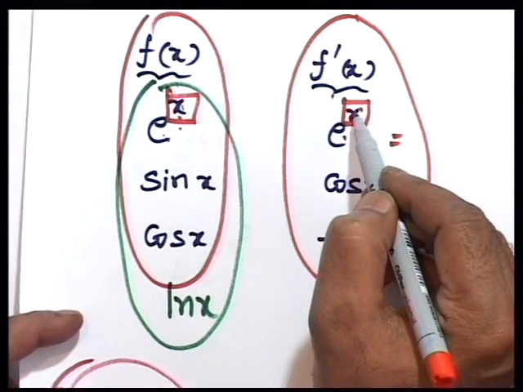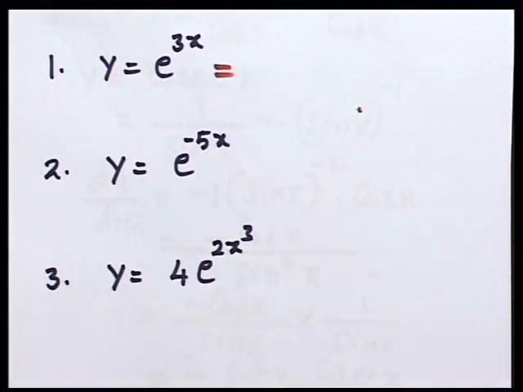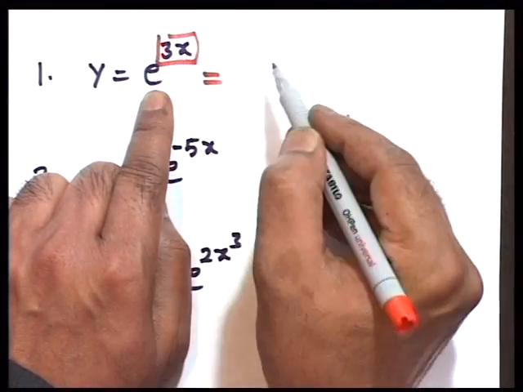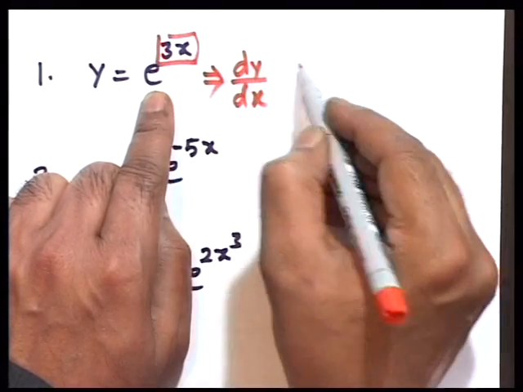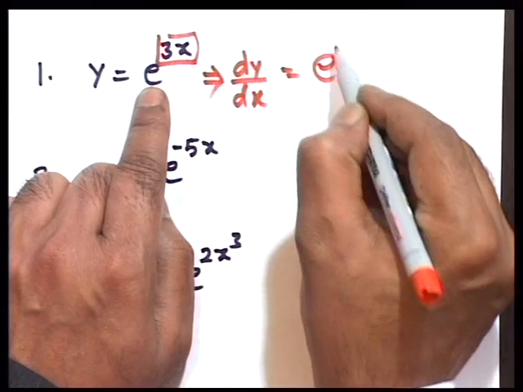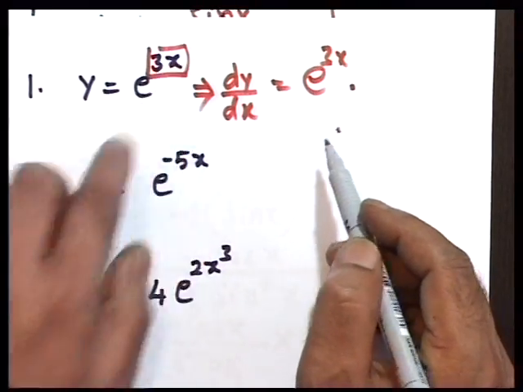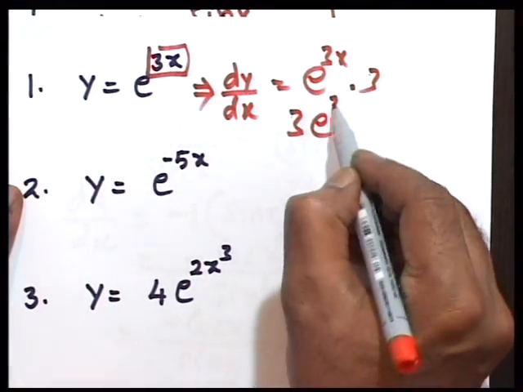But if it's something else, you got to use the chain rule, right? So let's see, e to the something is e to the same thing, right? dy over dx equals e to the power 3x multiplied by, differentiate the 3x please, you will get a 3. So the answer is 3e to the 3x.